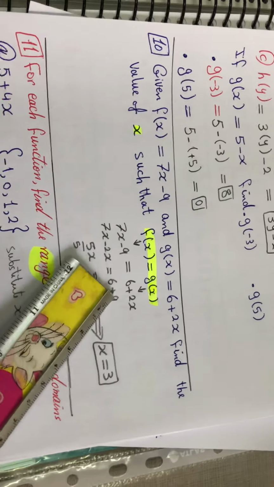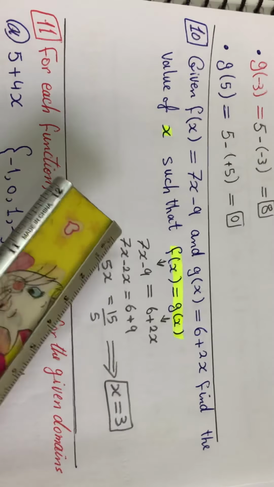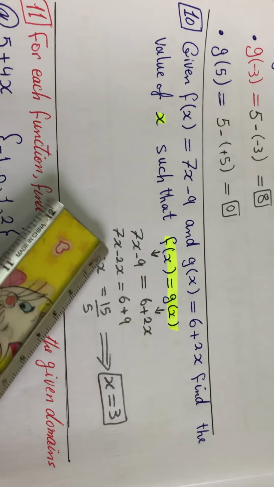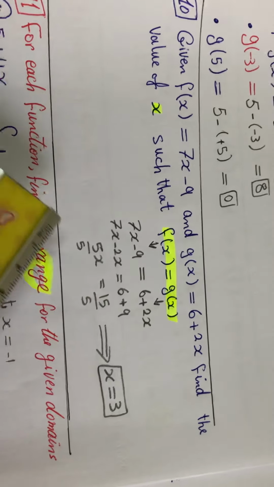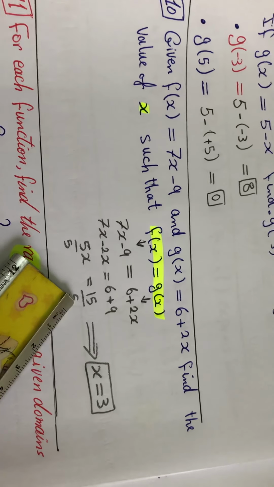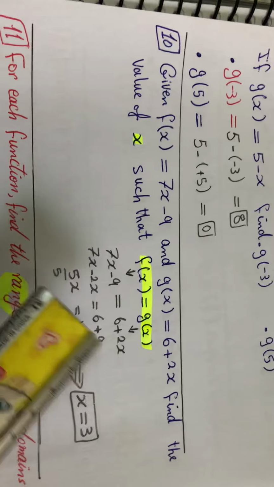Put them equal to each other and solve the equation. Take x to one side and the numbers to the other side. So we have 7x minus 2x equals 6 plus 9, because I'll change the sign. I have 5x equals 15. Divide by 5 to get just x equals 3. Also a very easy problem.